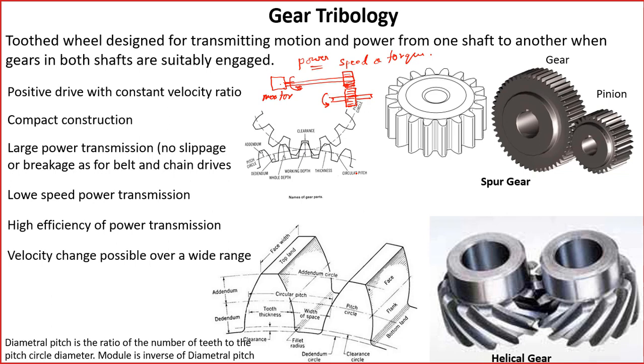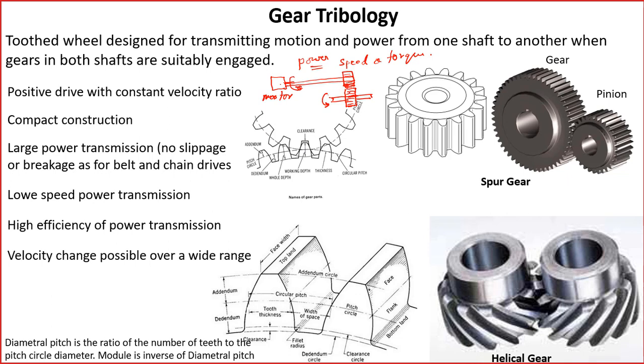So gears are defined as toothed wheels or multi-lobed cams which transmit power and motion from one shaft to another by means of successive engagement of teeth. We may have several of these gears for proper transmission of power, speed and torque, so depending upon this we can have a gear drive train.